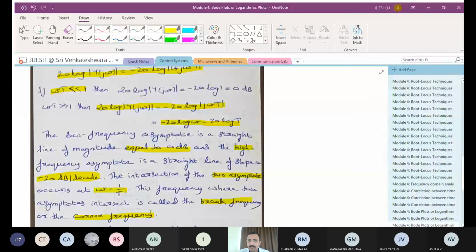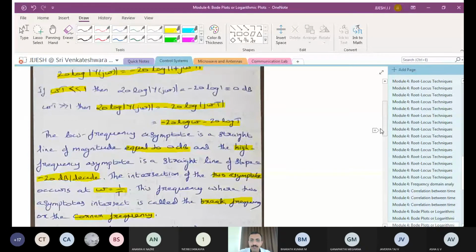You might have also seen previously and understood about the asymptotes, and you can see that the frequency at which the asymptotes intersect is called the break frequency, or also the corner frequency. We have been discussing these things before as well.